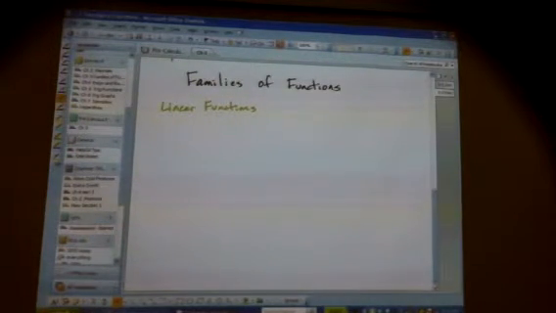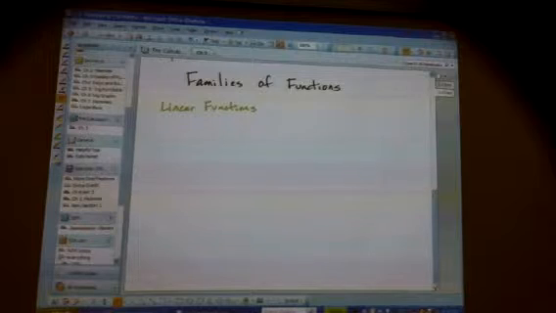And again in Algebra 2 you did a little reworking of linear functions. So we're not here to rehash that again. All right? We're going to start with the third family that is on this page.